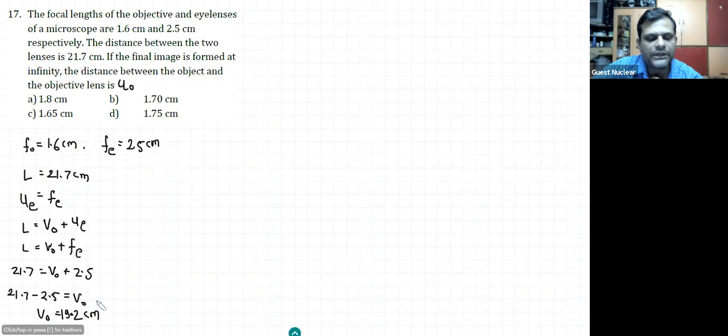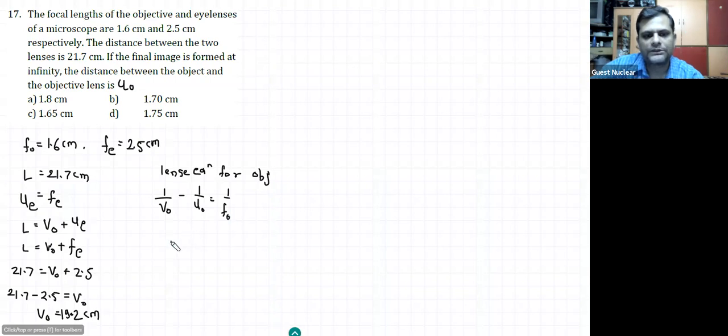Okay, once you get VO, we can just make use of lens equation now. Using the lens equation on ऑब्जेक्टिव, ओके, ऑब्जेक्टिव के लिए हम लेंस इक्वेशन यूज करेंगे, जिससे हमको मिलेगा 1/VO minus 1/UO is equal to 1/FO. So that you can just get this 1/VO, where VO is going to be 19.2 minus 1/UO.